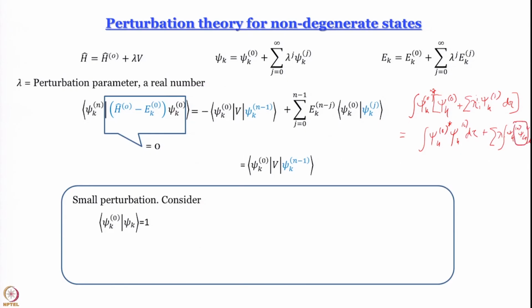Now remember this is small. So, we might as well neglect this term, and this we set to be approximately equal to 1, because the normalization constant for the entire wave function psi k has to hold. So, we consider integral psi k 0th psi k to be equal to 1.